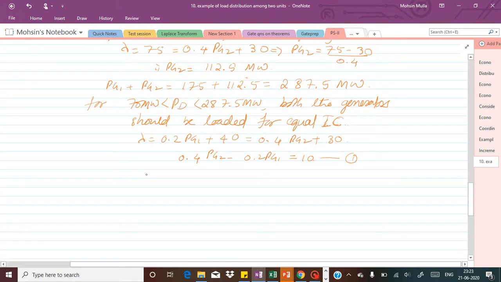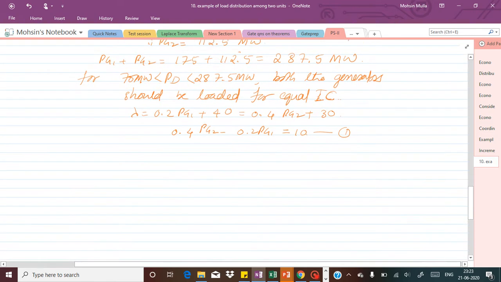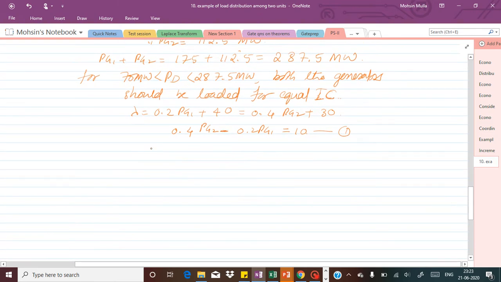Another equation can be obtained from the maximum demand in this particular case. We can write Pg2 plus Pg1 equals PD. Now we multiply both of these terms by 0.2: 0.2 Pg2 plus 0.2 Pg1 equals 0.2 PD.